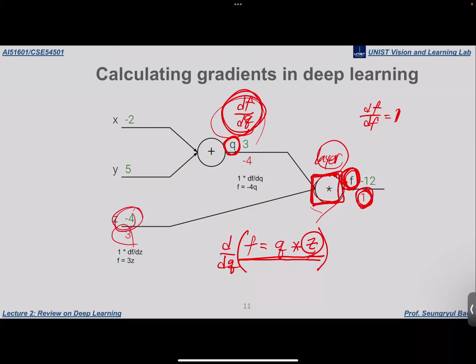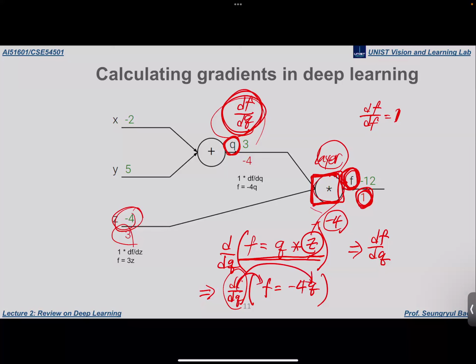It's initialized to -4, right? So this is equivalent to applying this to each side, and we can get this. So df dq is -4, right? Okay, so we can write it like this.